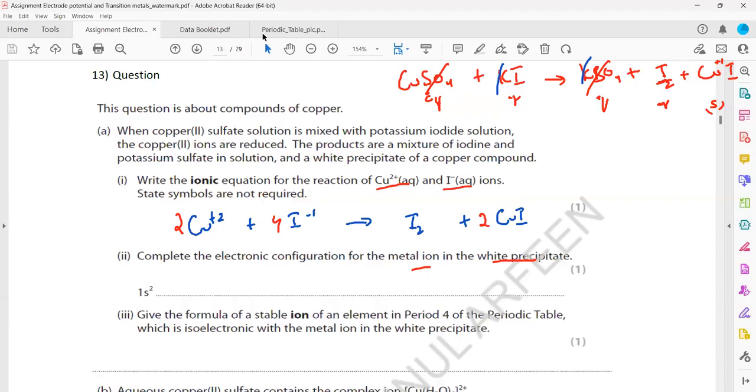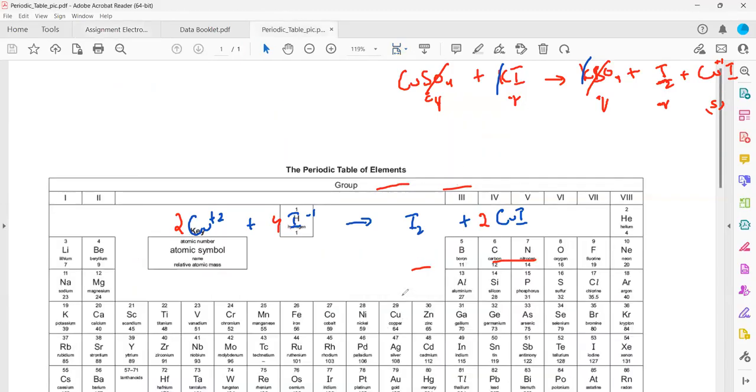When we check the periodic table, copper is a transition element with atomic number 29. If copper is plus 2, it loses 2 electrons, so it will have 27. But copper plus 1 loses 1 electron, so it will have 28.